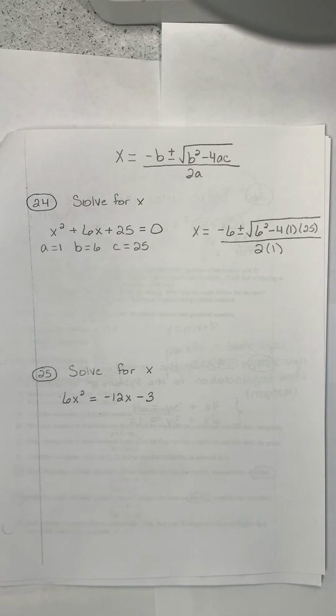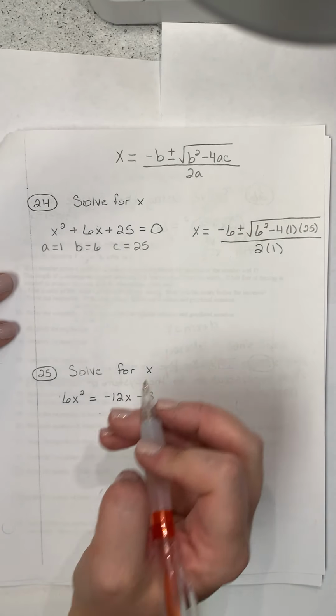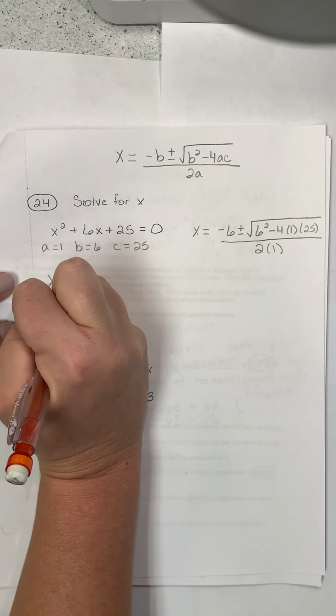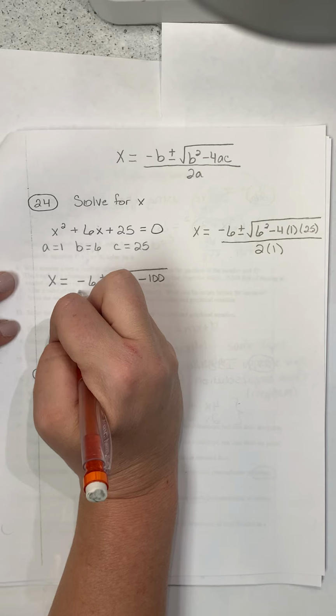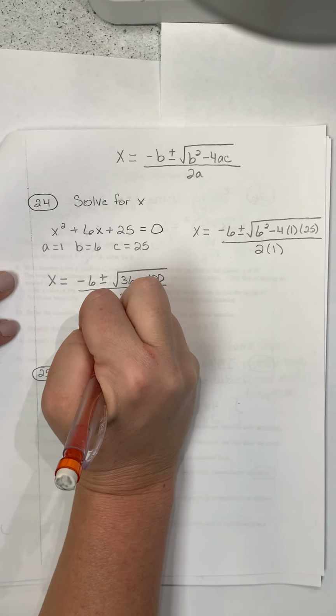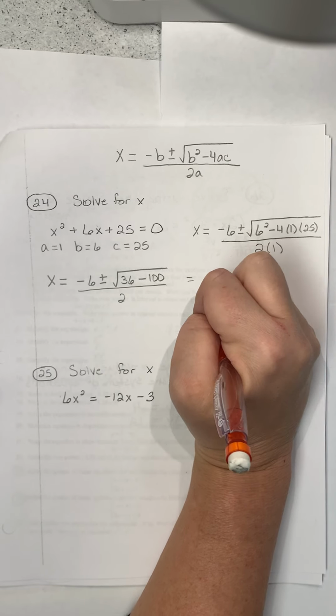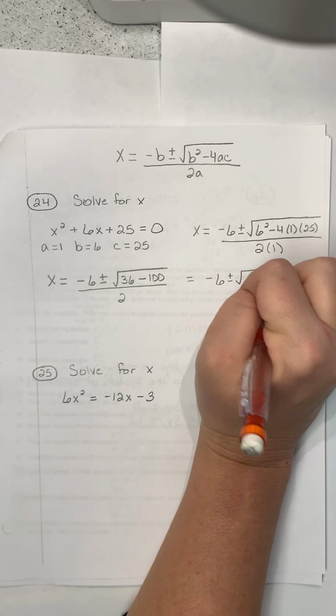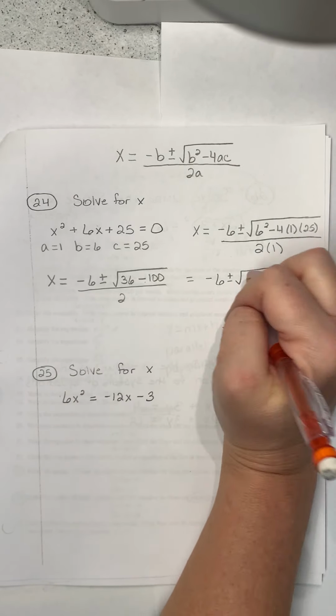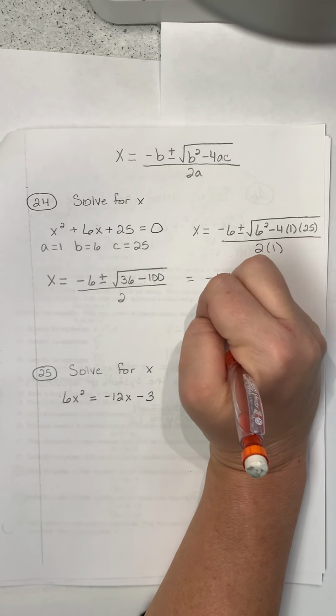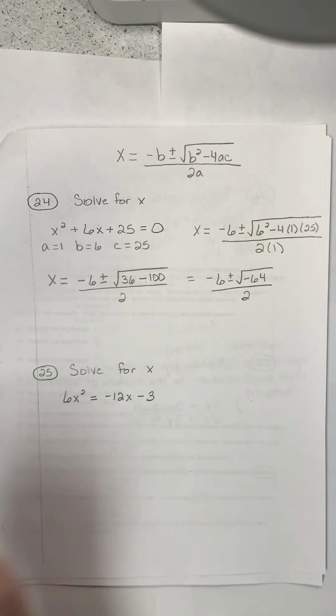Let's clean it up a little bit. Negative 6 plus or minus 6 squared is 36. 4 times 1 times 25, we're going to subtract 100, all over 2. Negative 6 plus or minus 36 minus 100 is negative 64, all over 2.